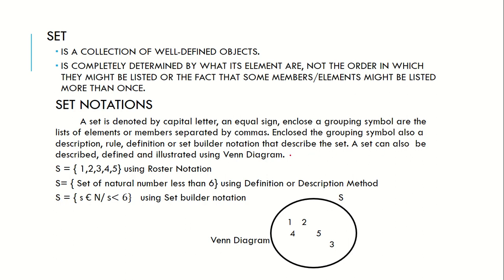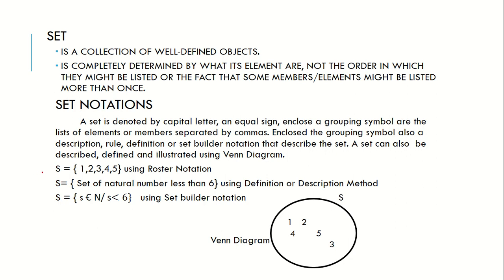A set can also be described, defined, and illustrated using a Venn diagram. A Venn diagram uses polygonal shapes to describe and denote sets and to work on operations of sets.